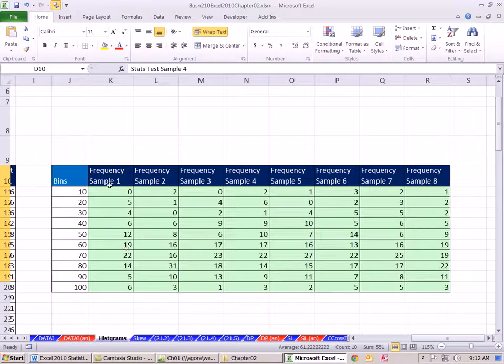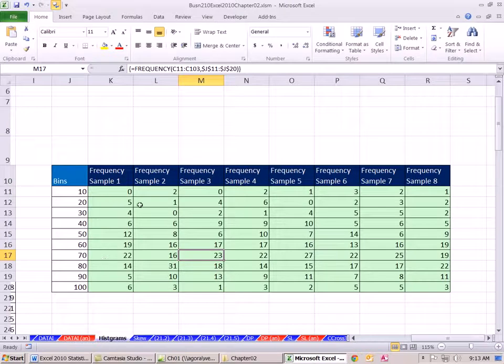So test 1, sample 1, most of the people got, with an upper limit of 70, from 60 to 70, 22 people got that score on this test. In this sample here, 31 people got between 70 and 80. In this sample here, the tallest one, that's the mode, was between 60 and 70.